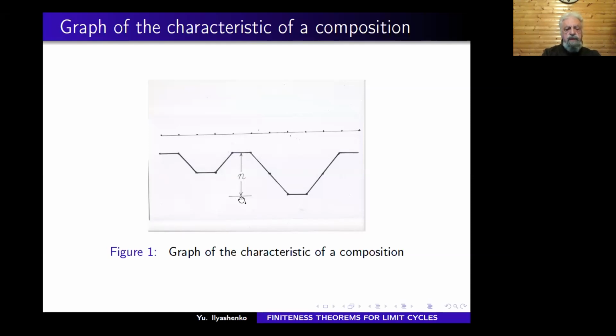I will mainly speak in these lectures about the case n equal 1, but I will also touch the general case. There are levels on this graph. This is the 0 level. This is the level 1. This is the level 2.